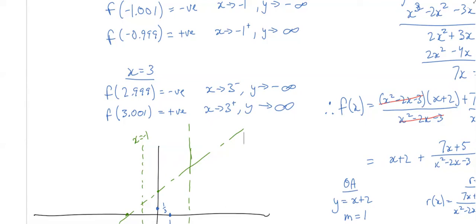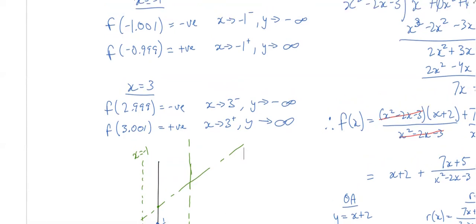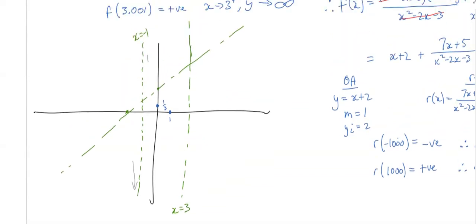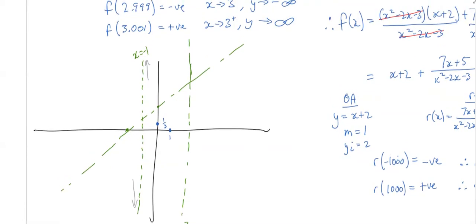When I approach from the left, I'm going down. When I approach from the right, I'm going up. So that's this one. When I approach from the left, I'm going down. When I approach from the right, I'm going up. Next asymptote at 3. When I approach from the left, I'm going down. When I approach from the right, I'm going up.